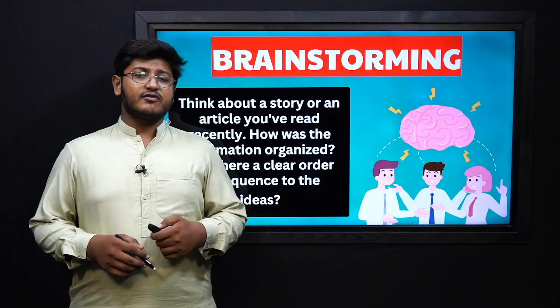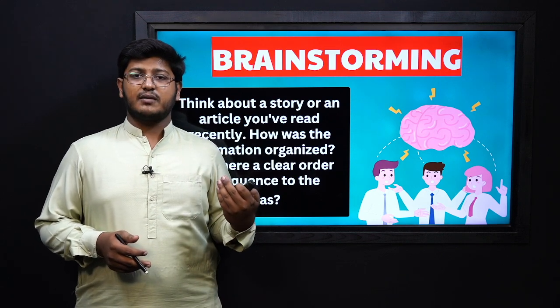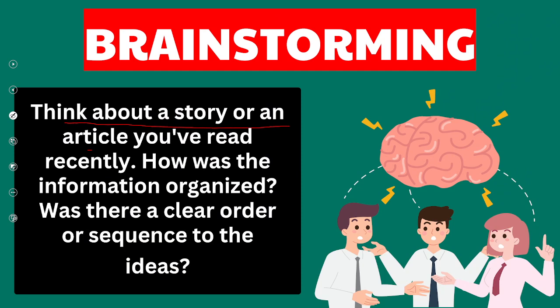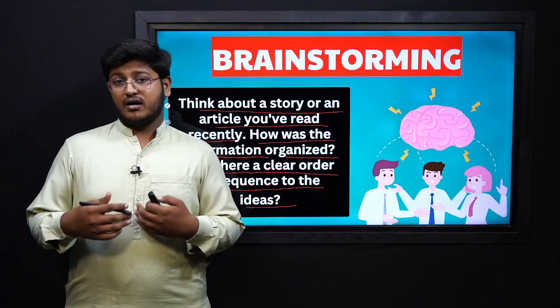So let's go further. Here we have a brainstorming session. Think about a story or an article you have read recently. How was the information organized? Was there a clear order or sequence to the ideas? Students, have you ever read a story?